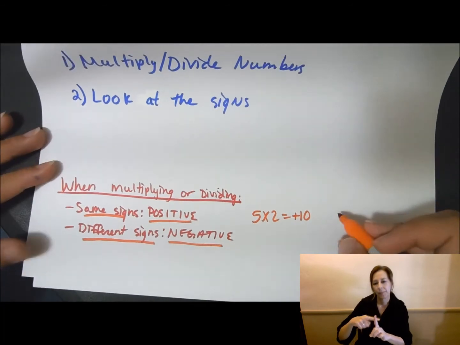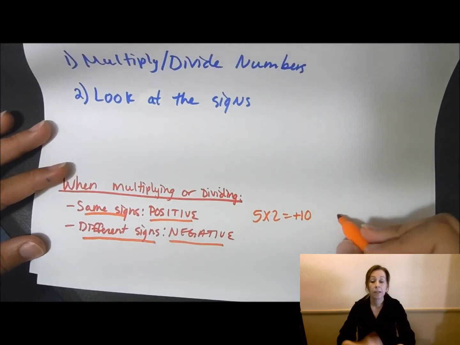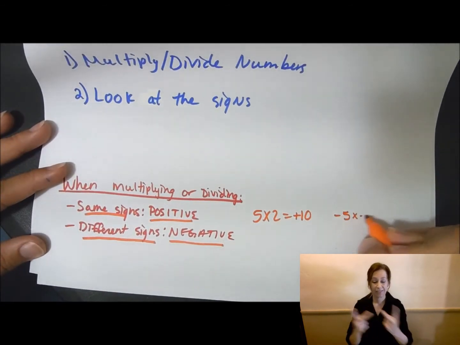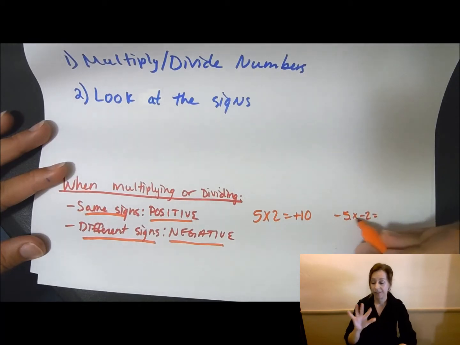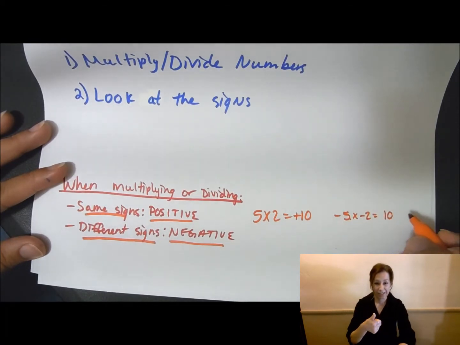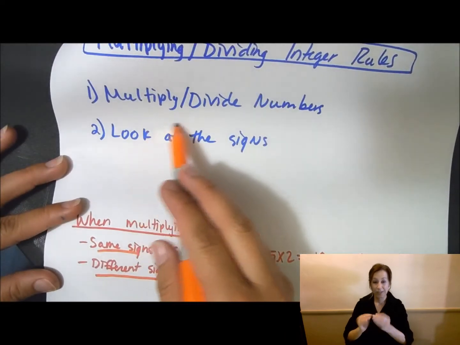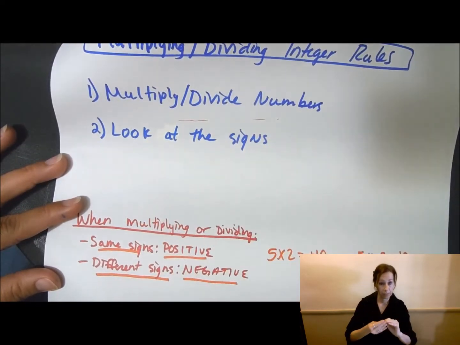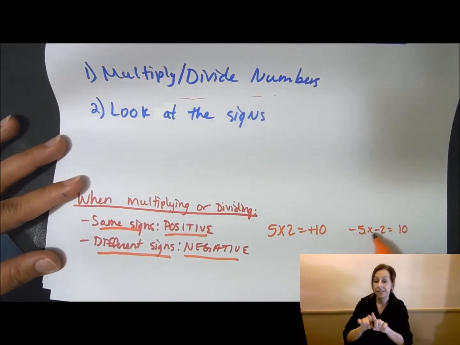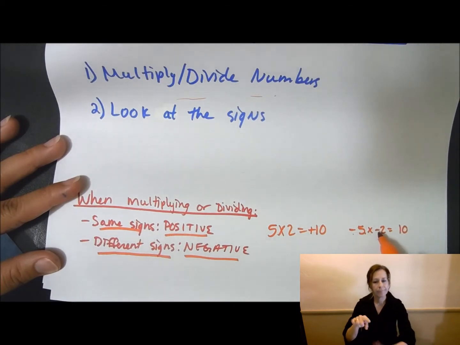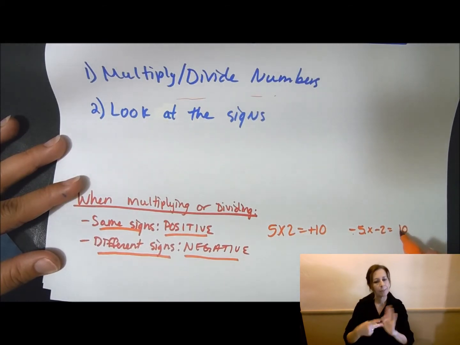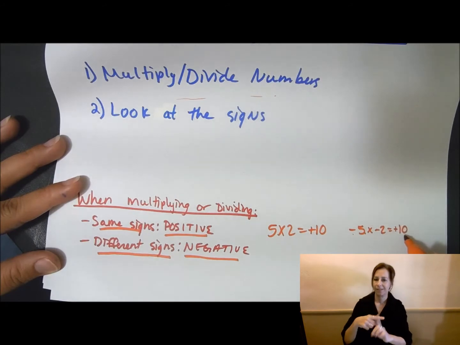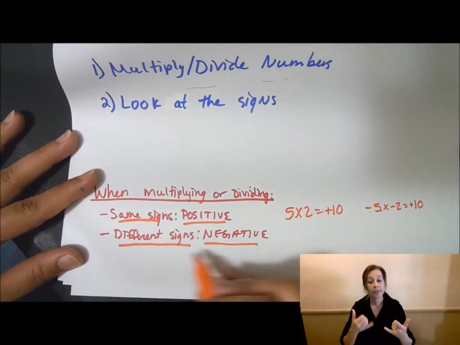Okay, that makes sense. So if I do negative 5 times negative 2, 5 times 2 is 10. I just did the math using the numbers, multiply or divide numbers. Then look at the signs. If they're the same sign, which they are, a negative and a negative, then my answer is going to be positive 10.